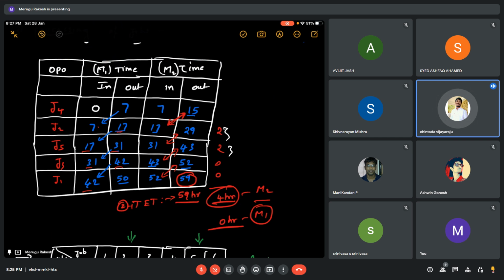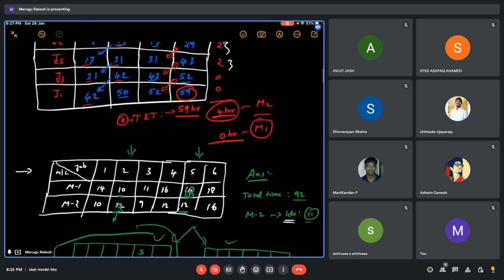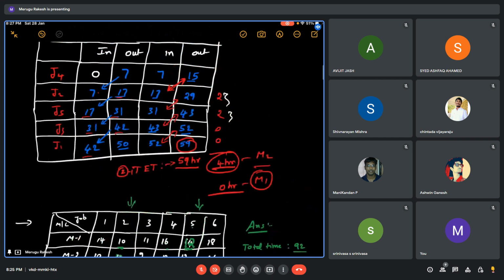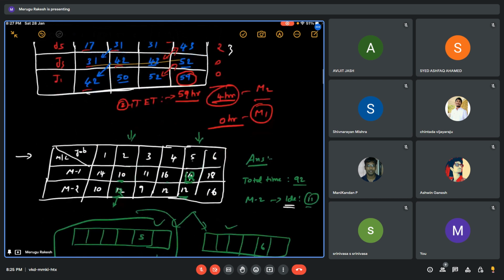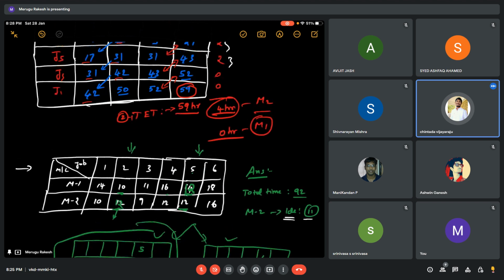Of course, it can be the entire one, but this is specially for machine 2 because machine 1 is always filled. There is no idle time for machine 1. For this system, you can say system idle time is also 11. No, sir, system idle time is 11 plus 10. Where is the 10 coming from?